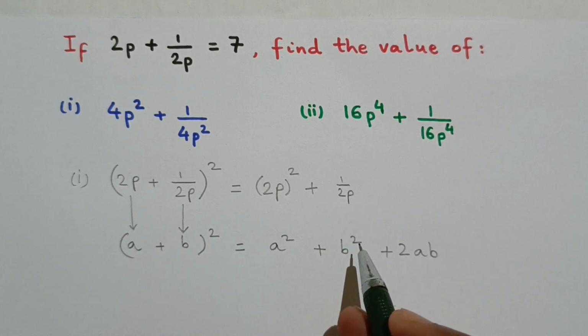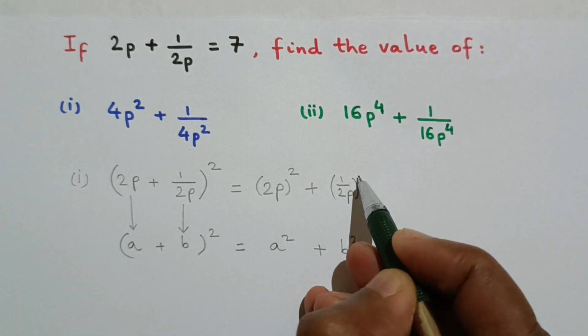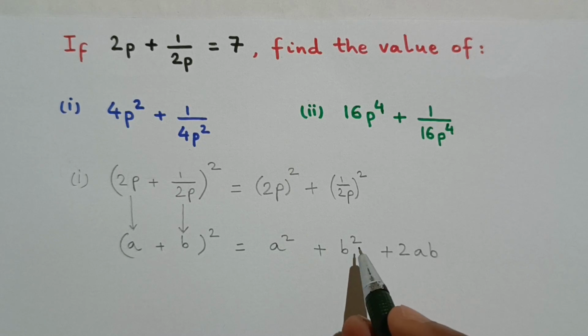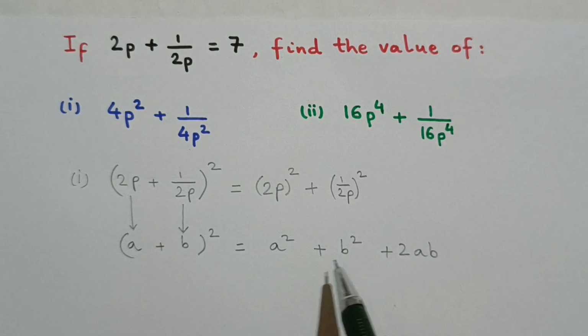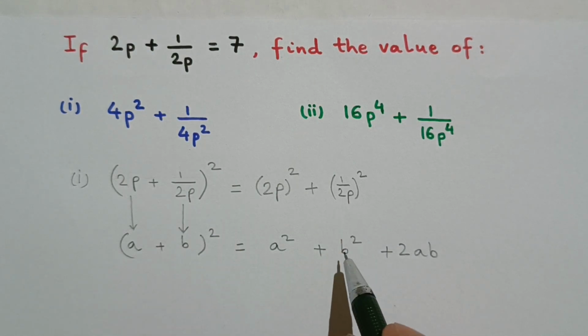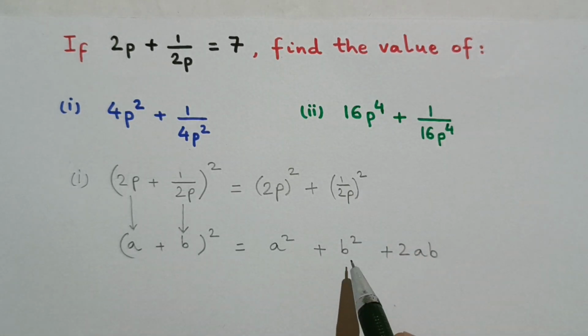Now b is getting squared, so 1 upon 2p will also get squared. So b square becomes 1 upon 2p whole square.